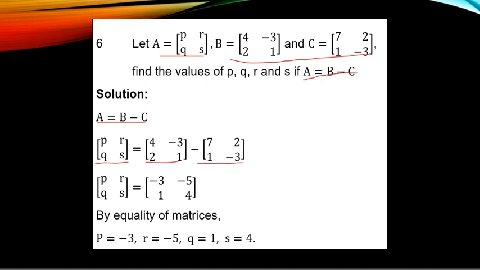So if you subtract 4 minus 7, you have minus 3, minus 3 minus 2, minus 5. Then 2 minus 1, you have 1.